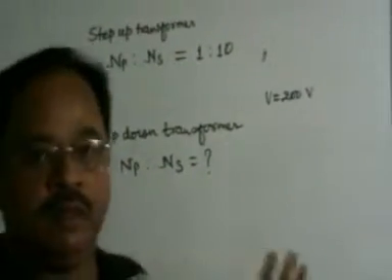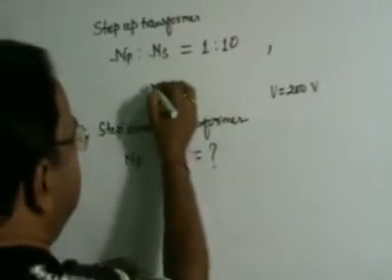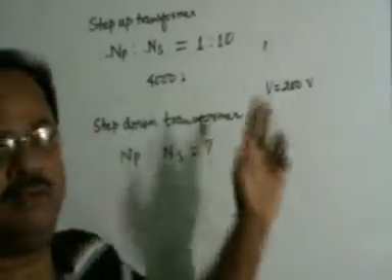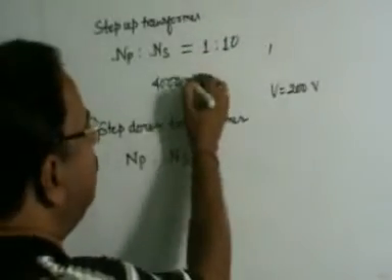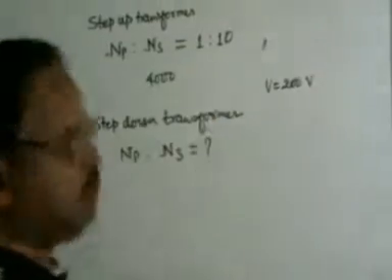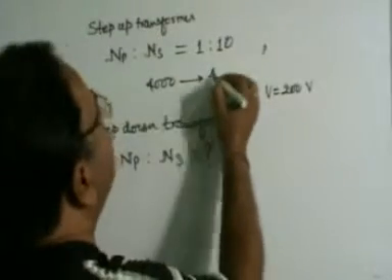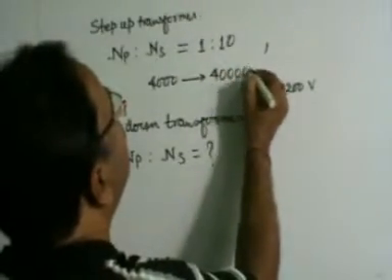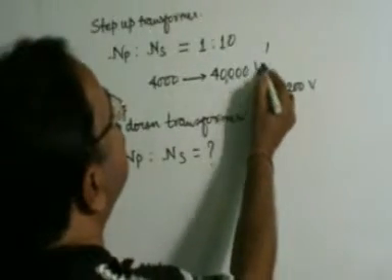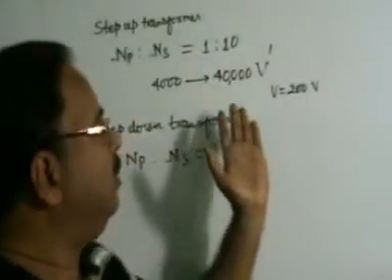So if the generating voltage is 4000 volt, then the transmission voltage should be 10 times that, because the ratio is 1:10. So the transmission voltage will be 10 times 4000, which is equal to 40,000 volts. So our transmission voltage will be equal to 40,000 volts.